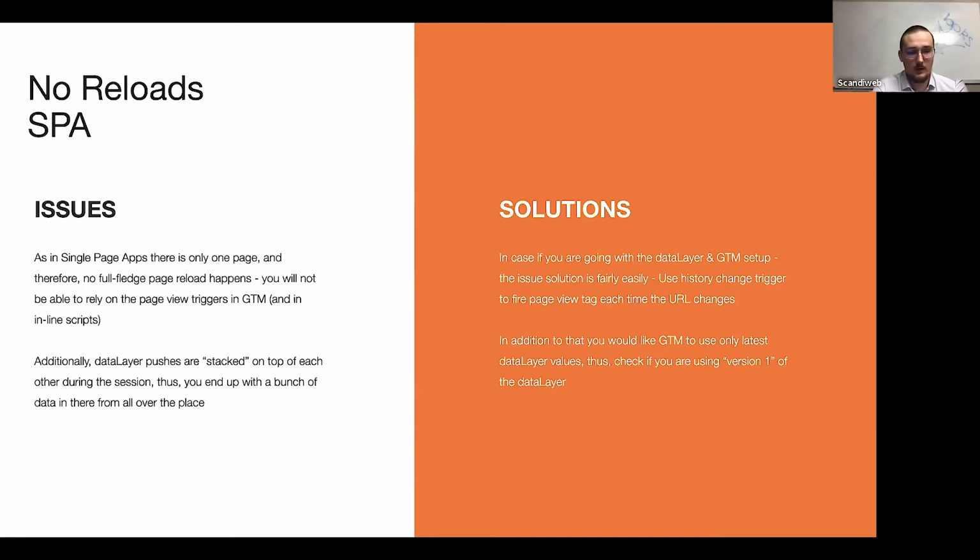Usually you have version 2, which makes Google Tag Manager retrieve all the data that are in the data layer at the moment. However, for a single page application, for some of the variables you would probably like to choose version 1 of the data layer. That's when the Tag Manager accesses just the last data that were pushed to the data layer.